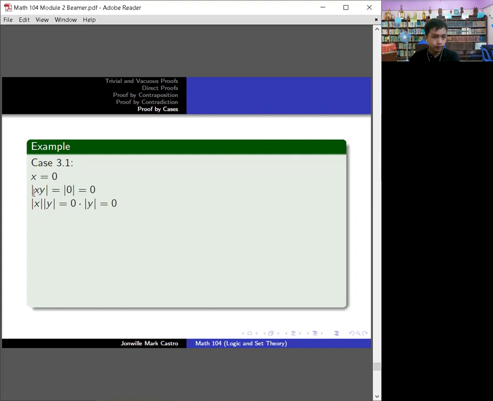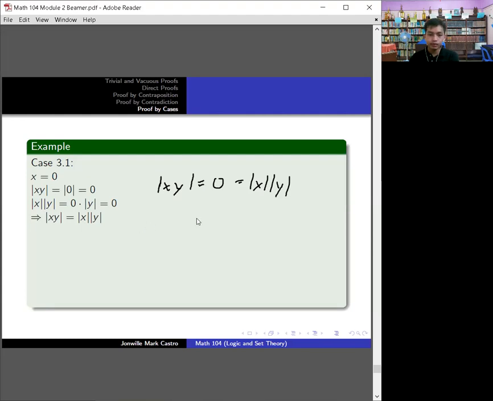Therefore, by transitivity, the absolute value of xy is equal to 0, which is equal to absolute value of x times absolute value of y.